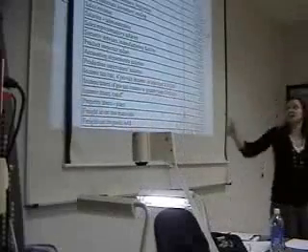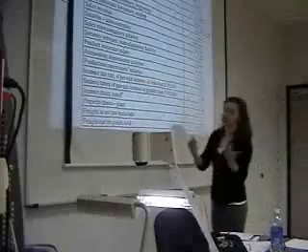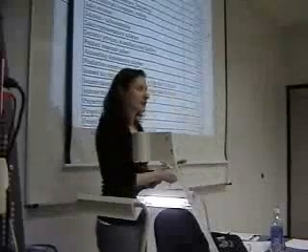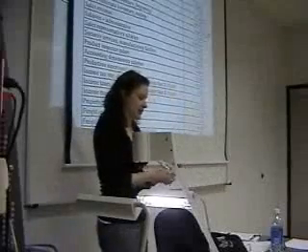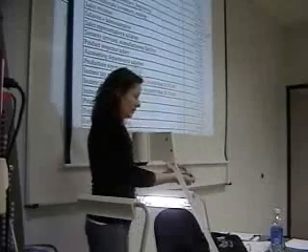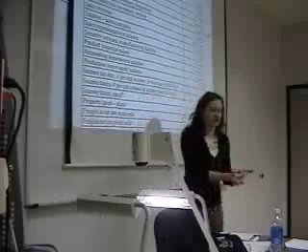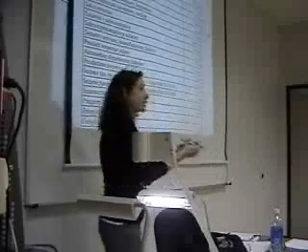Our cost object is our product here, the tasty treat. We're trying to figure out the cost of a tasty treat. Well, that means we need to know what went into it. Well, direct material went into it. That's obvious. We had to get the flour, the sugar, and all that stuff to put in there. We can directly trace that to the tasty treat.